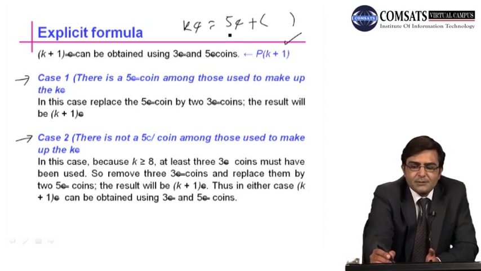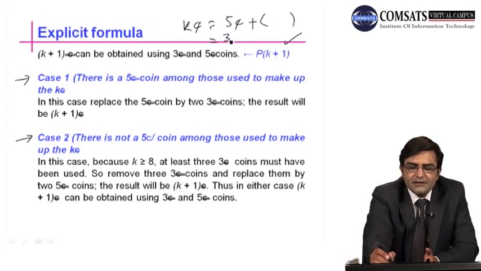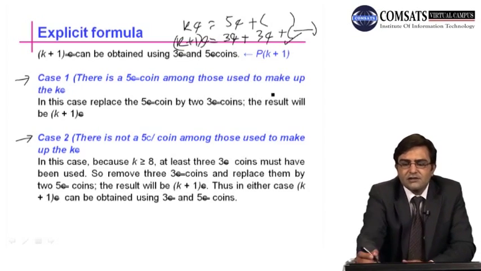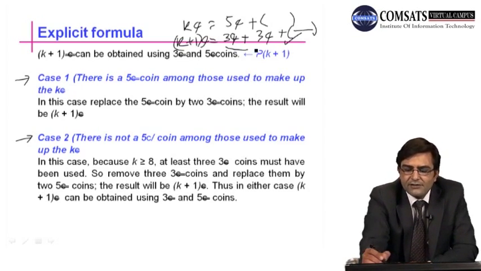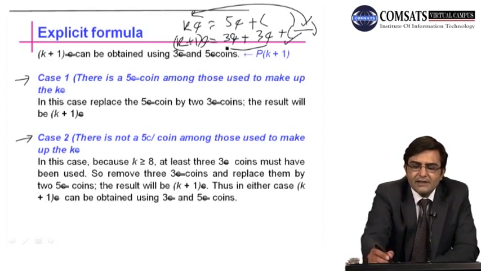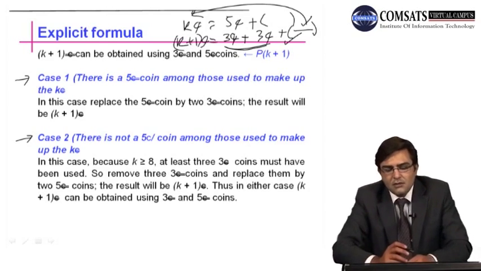If we just replace this 5 cents by 3 cents plus 3 cents plus all the same cents which we have used for the k cents, then this will be k plus 1 cents, because here we have 5, here we have 6. So 6 can be written as 5 plus 1, and 1 is added in this. We obtained k cents, and the remaining 1 becomes k plus 1 cents.